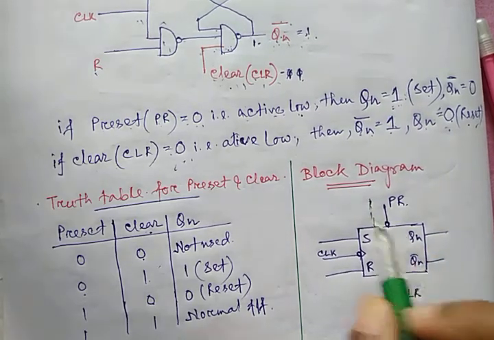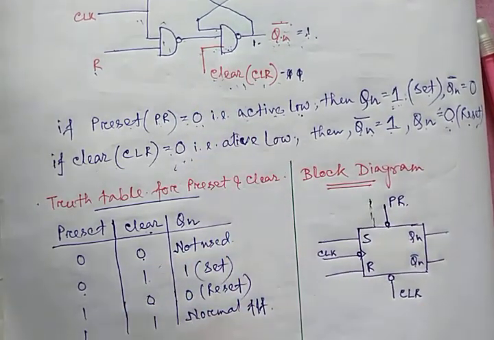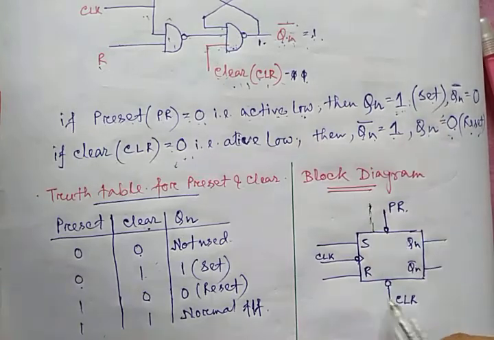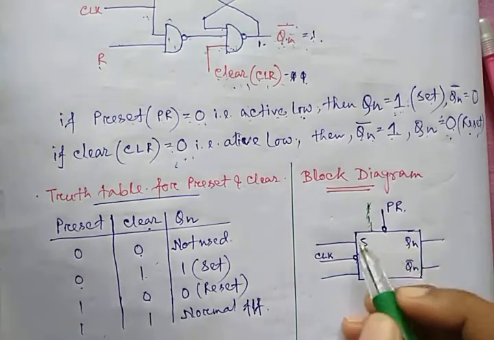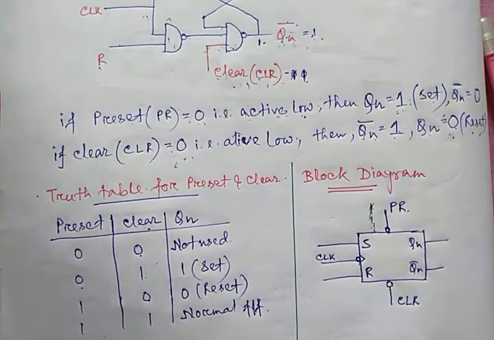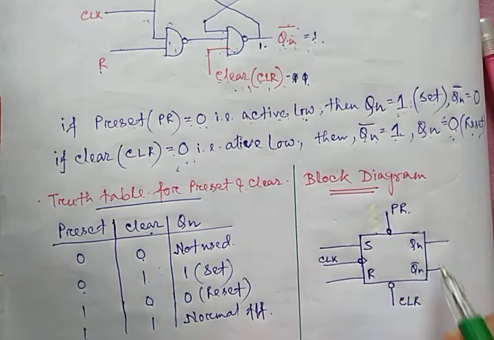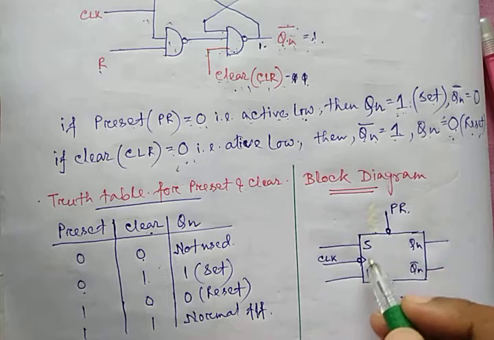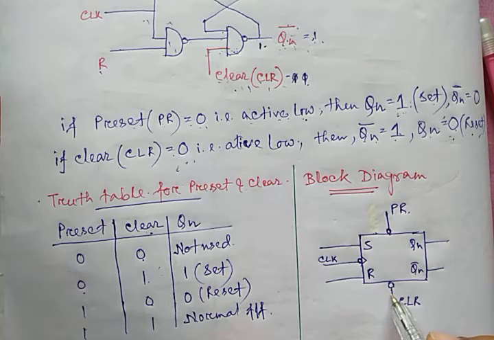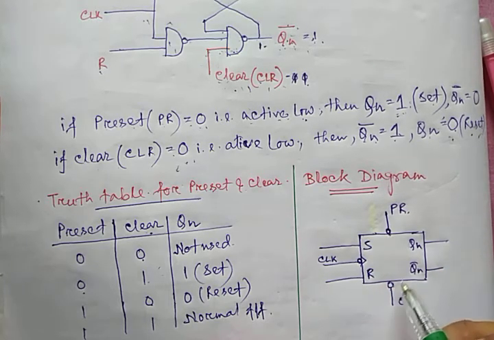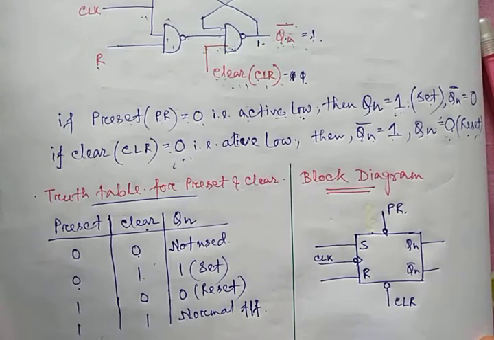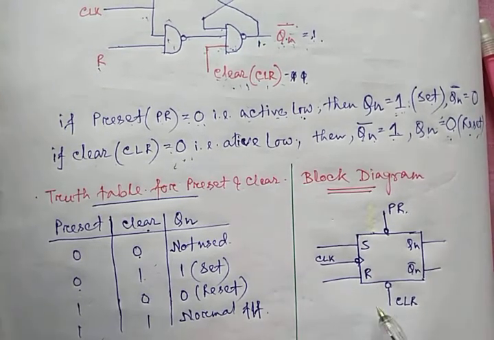So in a block diagram, we just write the preset and clear either using a bubble or without using a bubble.